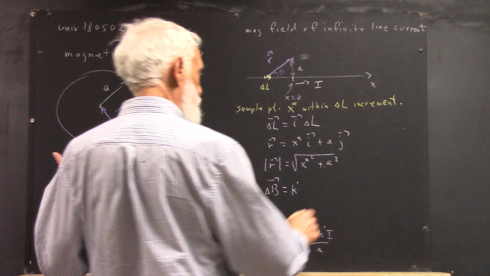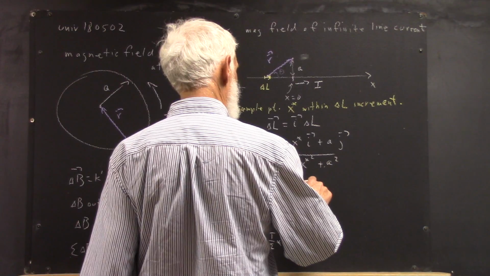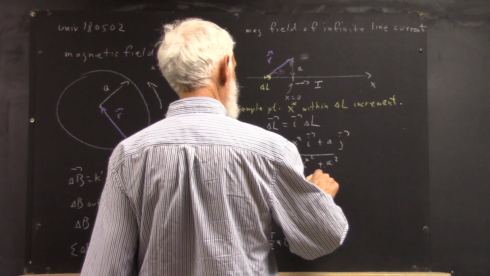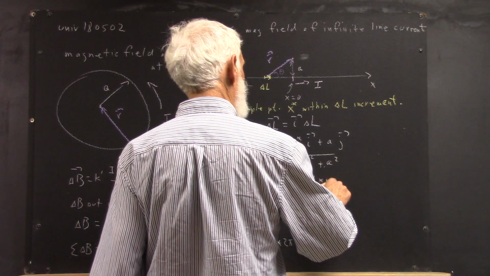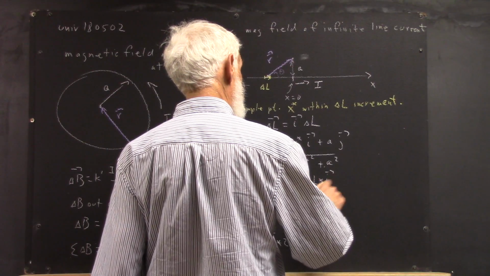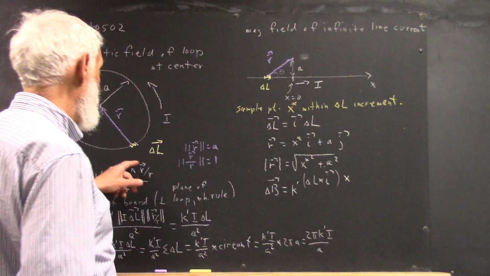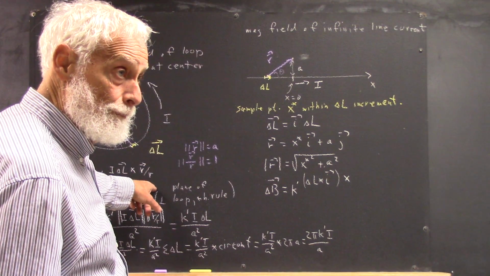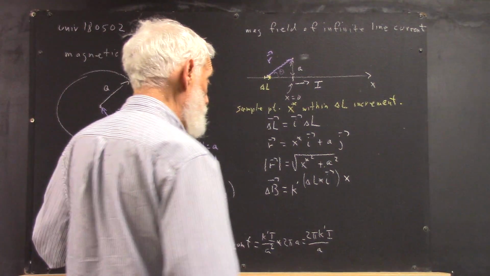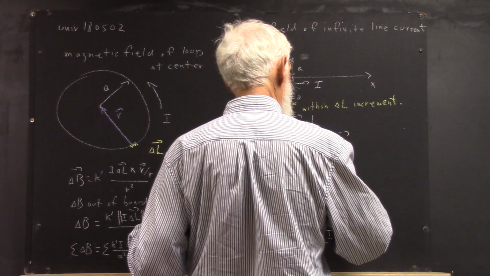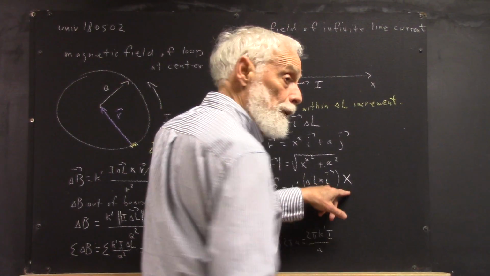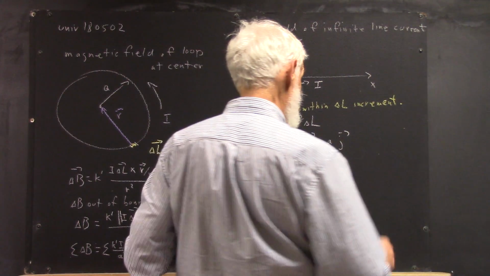Okay, the i delta L, I'll write it as delta L times the i vector, cross with the R vector over its magnitude. So that's cross with, make a big cross to distinguish it from the x.